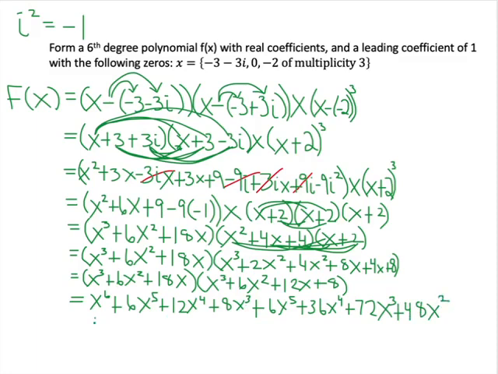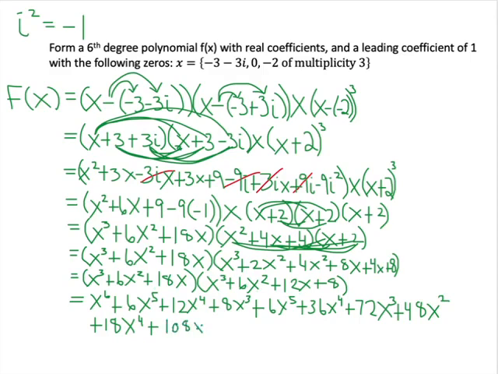I'm out of room, so I'm going to have to go down here. Plus 18x times x cubed is 18x to the 4th. Plus 18x times 6x squared. Let's see, 18 times 6 is, 60 plus 48, 108.